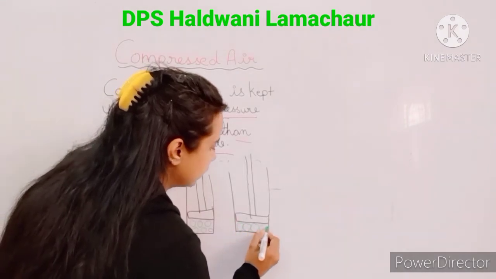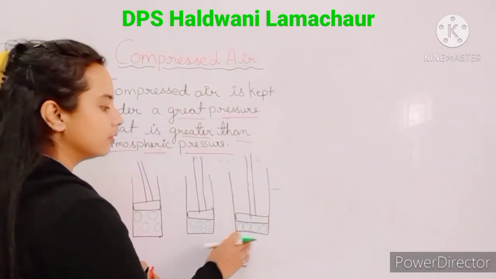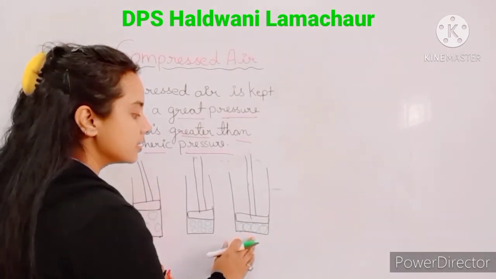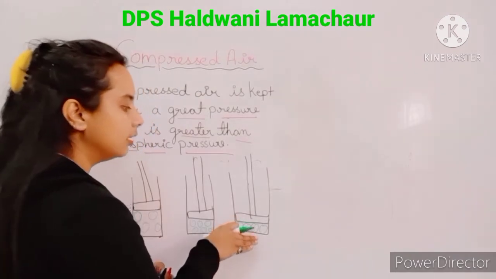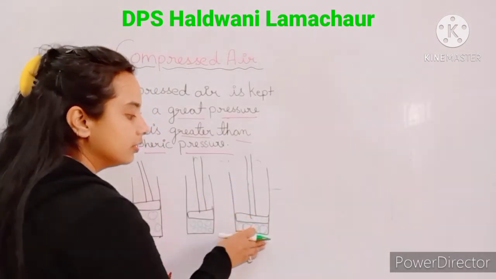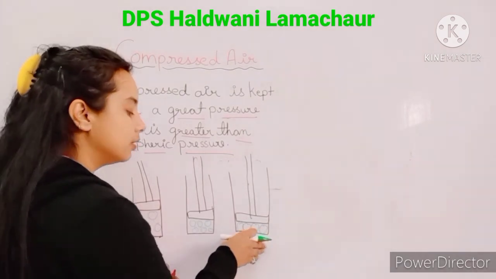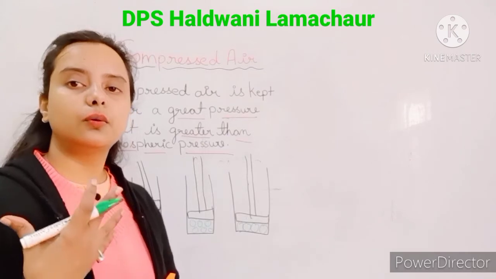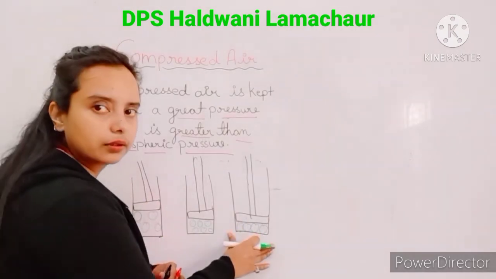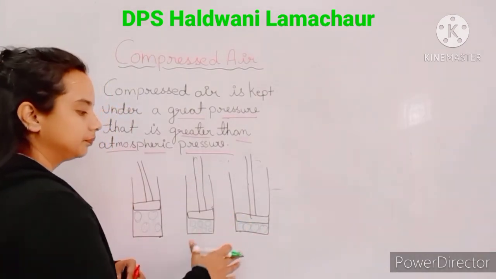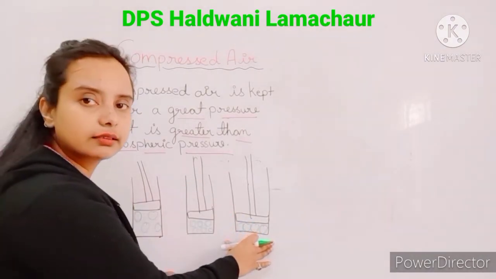Again we compress it, so there is no intermolecular space here. In this state, when we compress it completely, the molecules of the gas are compressed completely, then there is no intermolecular space, and if the intermolecular space is not there, the force is more, so the force applied by this is greater because the energy is releasing.